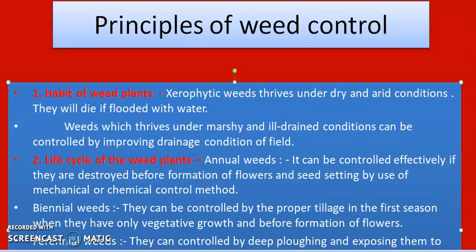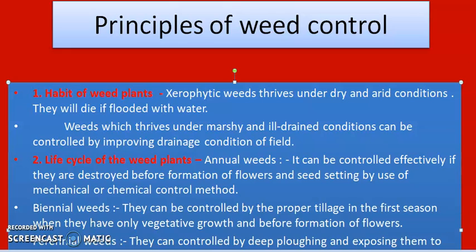So they can be easily controlled by the flood condition. When we produce the flood condition in that field, xerophytic weeds are easily controlled. Then the weed plants which are grown in poorly drained and marshy soils are also controlled by improving the drainage condition of that field and they are effectively controlled.